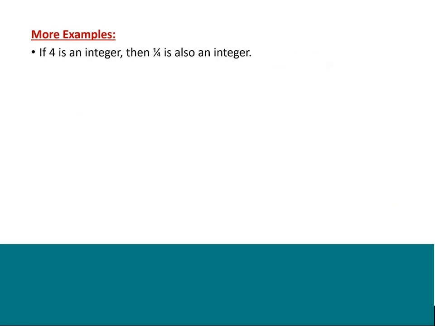So example that I've got for us is the following. Suppose you have the following statement. It says, if 4 is an integer, then 1/4 is also an integer. What do you guys think? Does that seem like it is a true statement or a false statement?